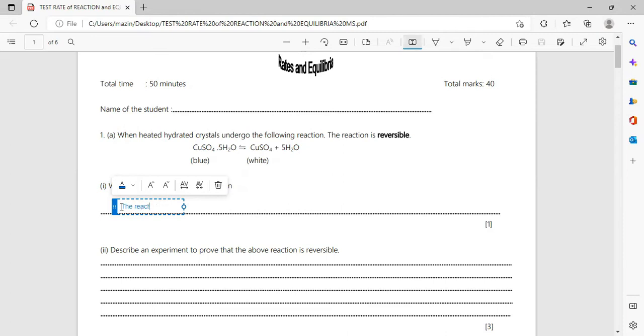The reaction goes in both the forward and backward directions.